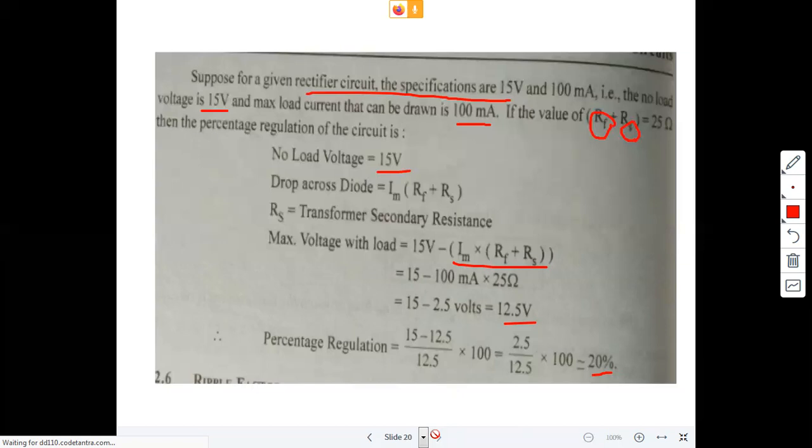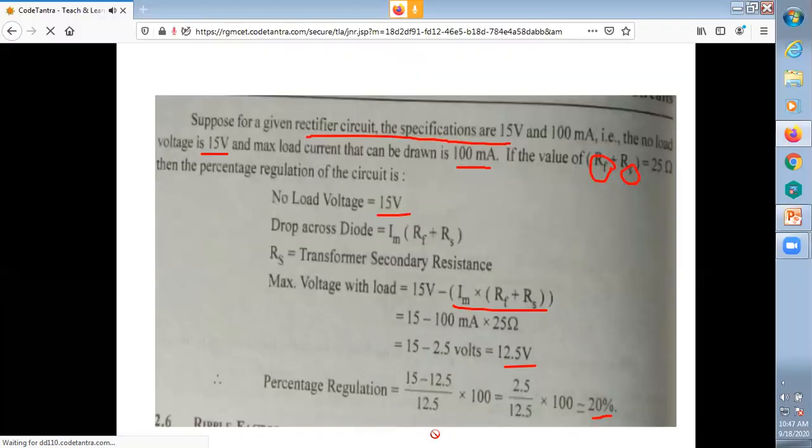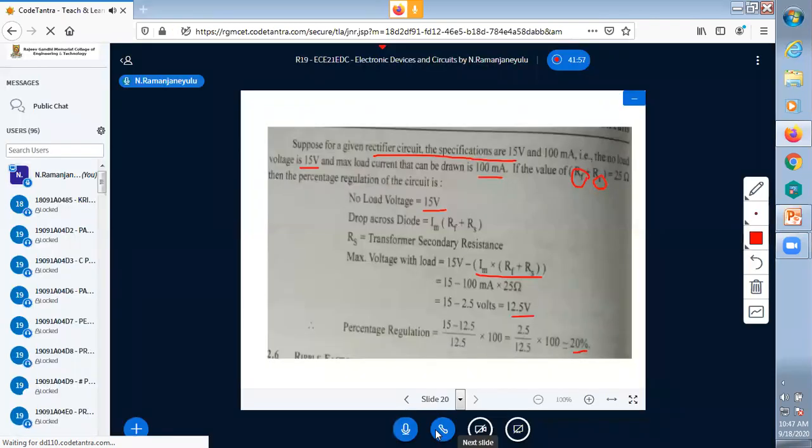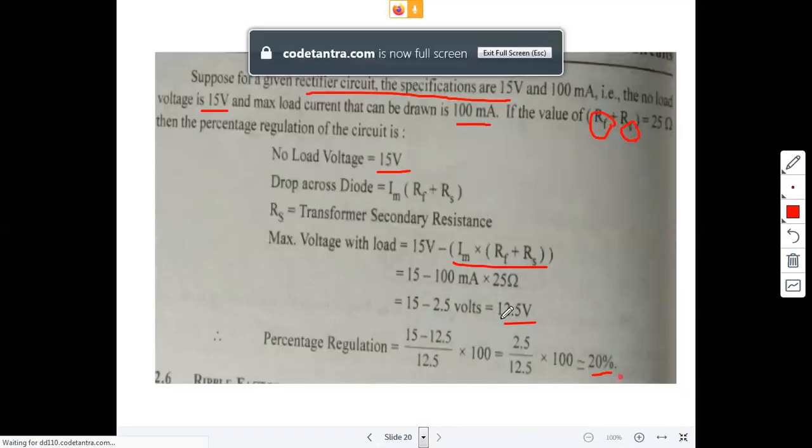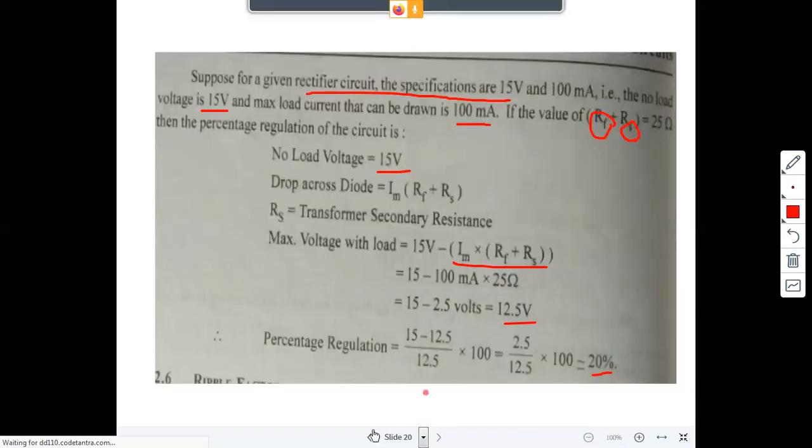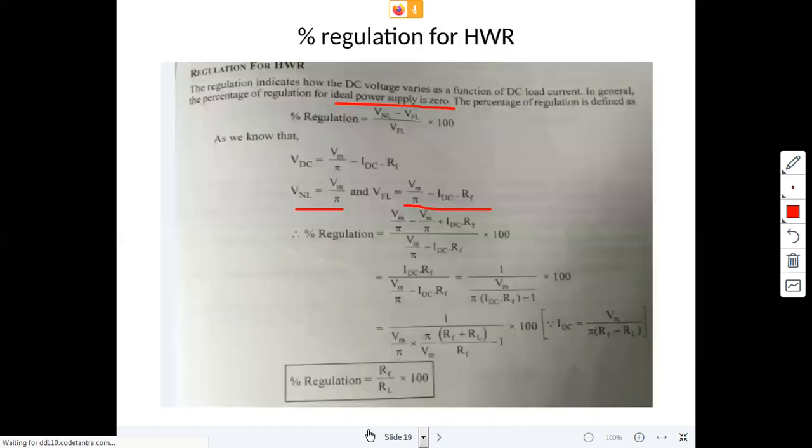These are all the parameters of rectifier circuits. All these parameters are calculated similarly for the coming circuits, like the full wave rectifier circuit and the bridge rectifier circuit, where the regulation is no load minus full load by full load into 100.